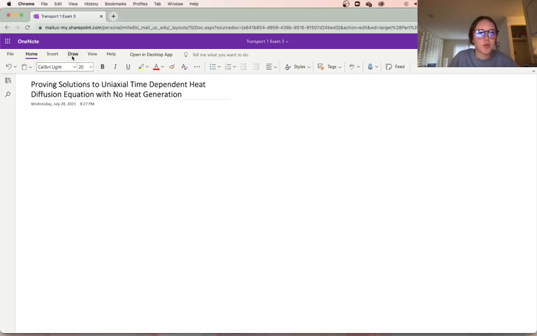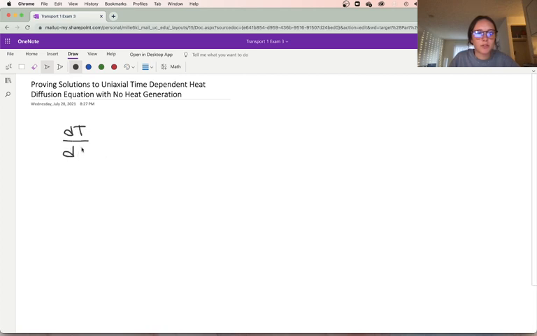And so the equation that we have for the heat diffusion equation is the derivative of temperature over the derivative of time equal to alpha times the second derivative of temperature over the second derivative of position.